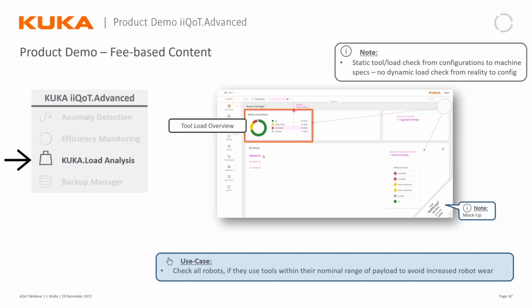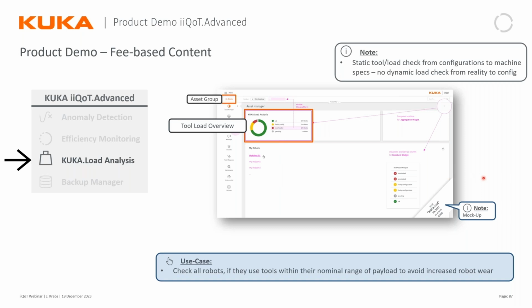Under Asset Manager we have another widget, which is called KUKA load analysis. This widget can be used to see what kind of load was assigned and configured for my robots.